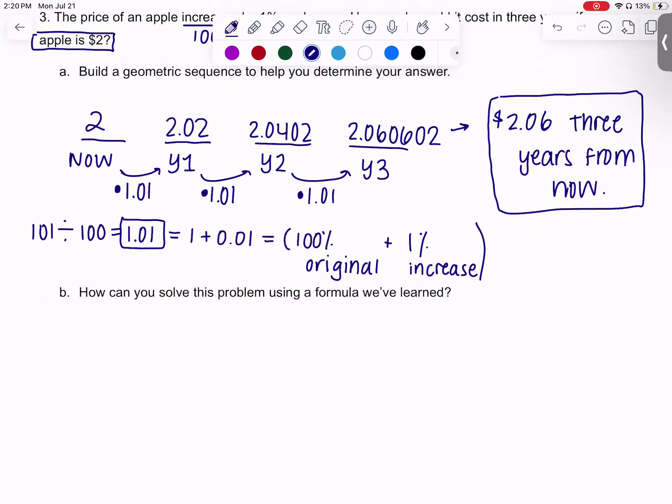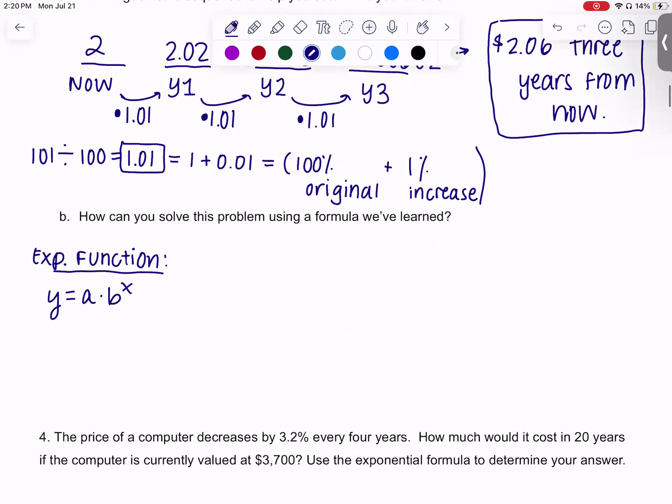How could you have solved this problem using a formula we learned? Last week we learned the exponential function, or the exponential formula. f of x equals, or y equals a times b to the power of x, where a is the initial value. Let's write it down.